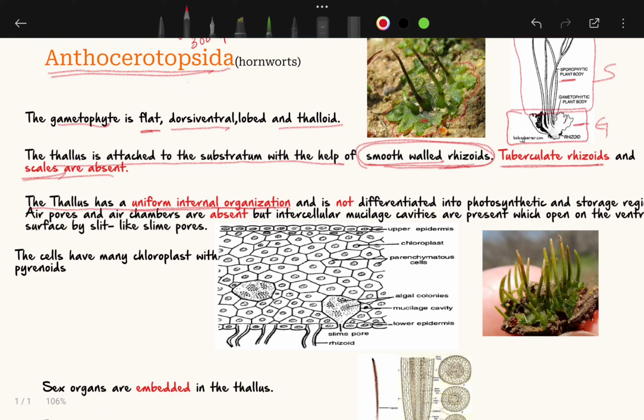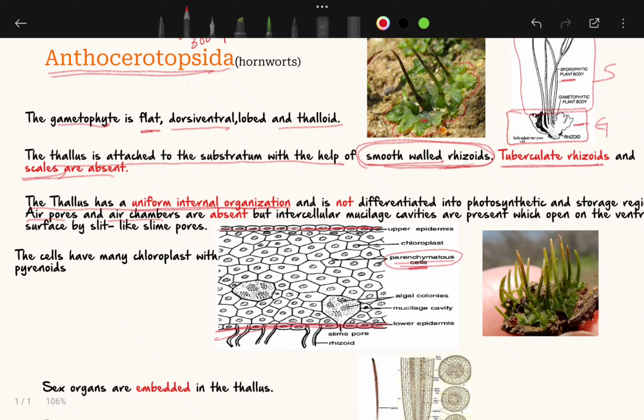The plant body is not differentiated into an upper photosynthetic region and a lower storage region. Here everything is uniform. The dorsal side will have an upper epidermis, and the ventral side will have a lower epidermis. All the cells are parenchymatous. Air pores and air chambers are totally absent in Anthocerotopsida.